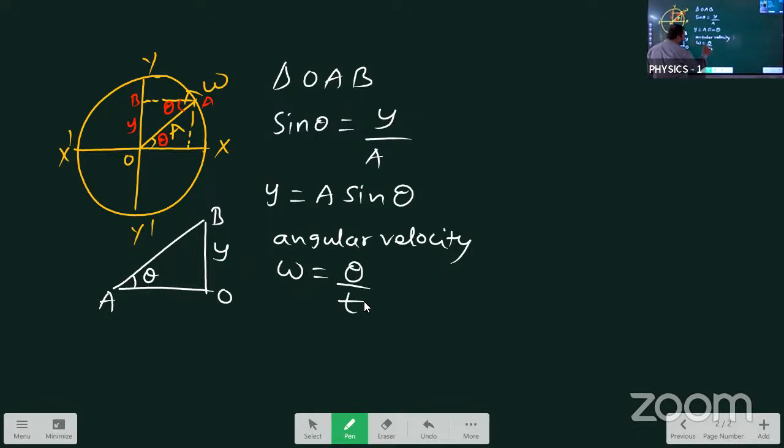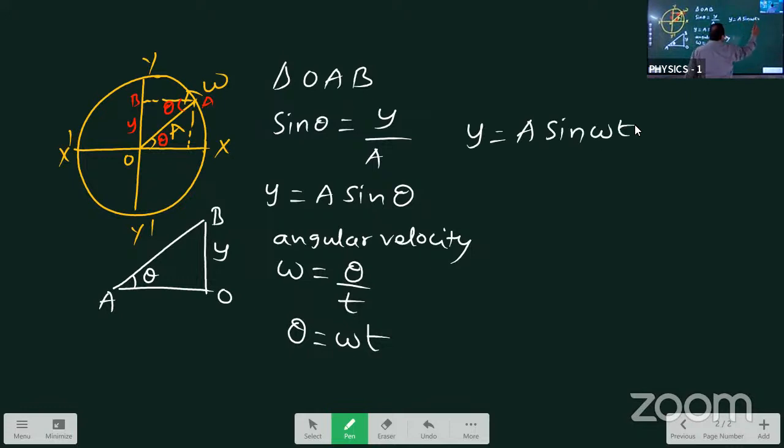Omega equals theta by t, so theta equals omega t. Substituting here, we get our equation number 1: Y equals A sin omega t. This equation number 1 is the displacement.